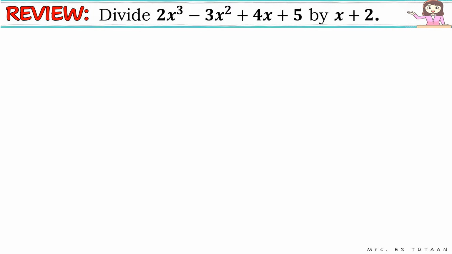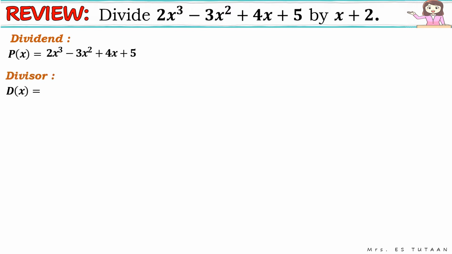So our problem is divide 2x cubed minus 3x squared plus 4x plus 5 by x plus 2. So our dividend is p of x is equal to 2x cubed minus 3x squared plus 4x plus 5. Our divisor is d of x is equal to x plus 2.